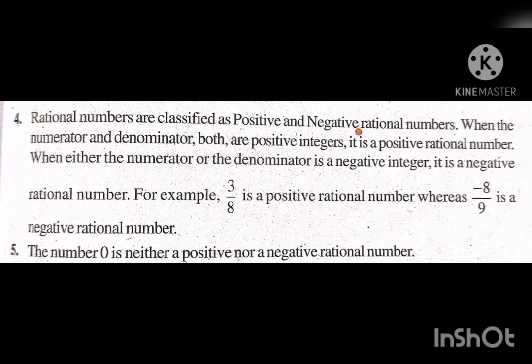For example, 3 by 8: numerator positive 3, denominator positive 8 is a positive rational number. Whereas minus 8 by 9, numerator is minus 8, denominator is 9, is a negative rational number. The number 0 is neither a positive nor a negative rational number.